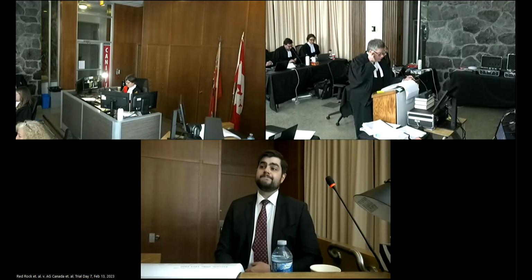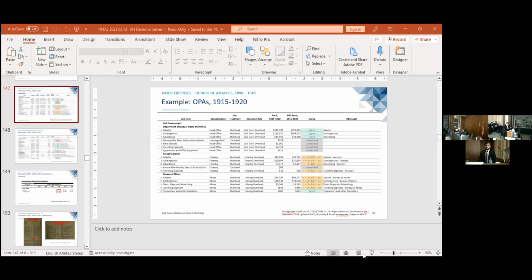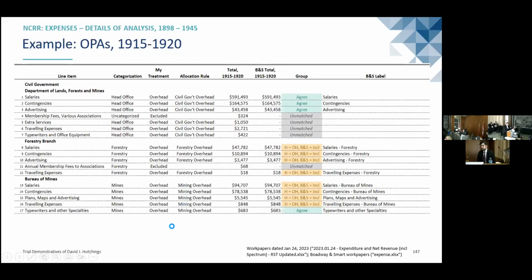Mr. Hutchings, before the break, you had just talked about salaries forestry and 47,782. And I think you were going to go on to talk about some of the other portions of slide 147. That's correct. So the next group of expenses on slide 147 are lines 13 to 16, which are the salaries, contingencies, plans, maps, and advertising, and traveling expenses at the Bureau of Mines.